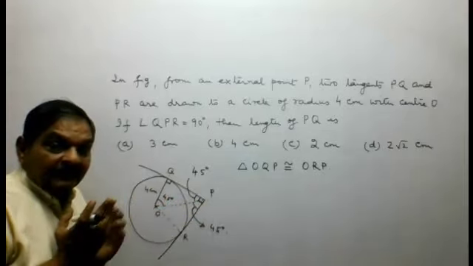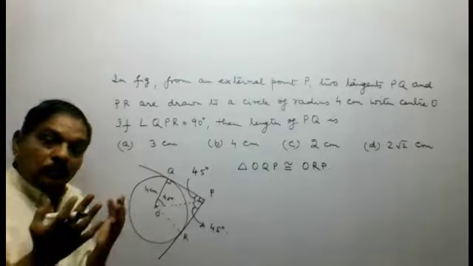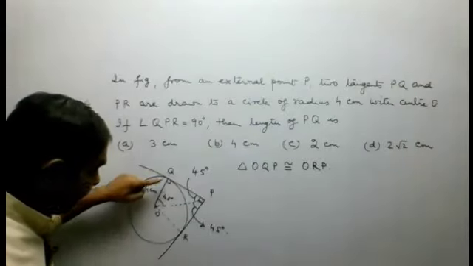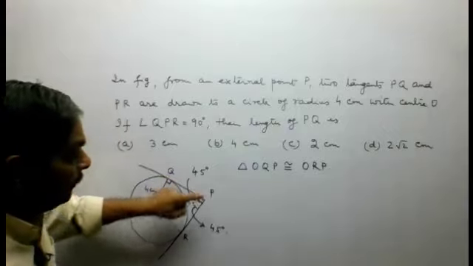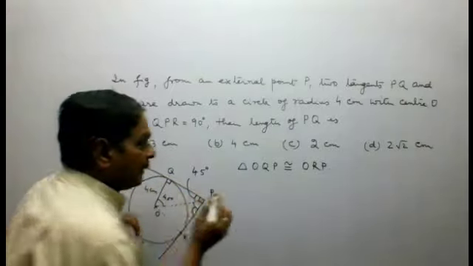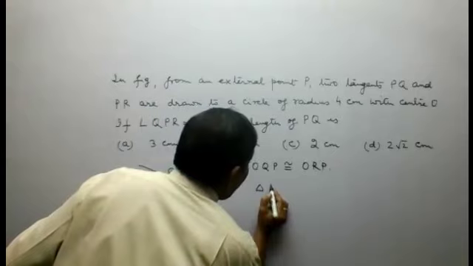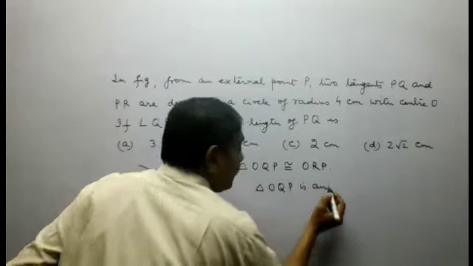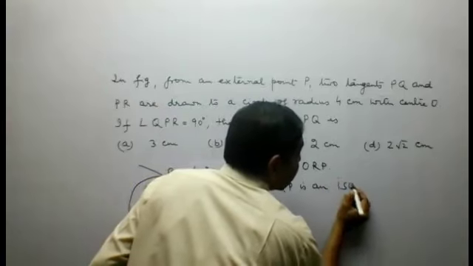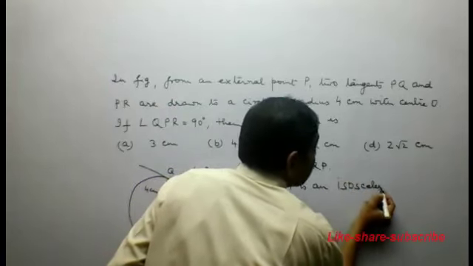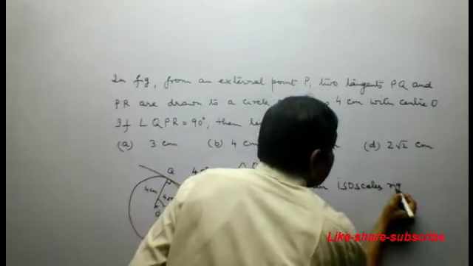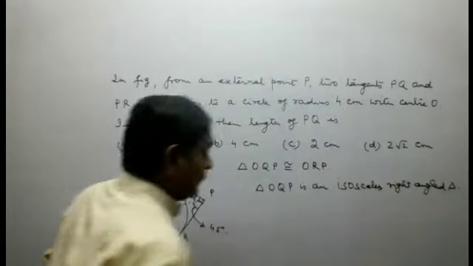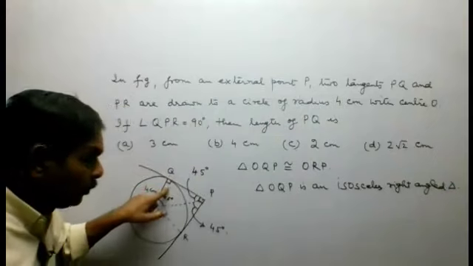Now a triangle which is right angle triangle, two angles are same which are of 45 degree, means OQP is isosceles triangle. So triangle OQP is an isosceles right angled triangle, which is right angled at point Q.